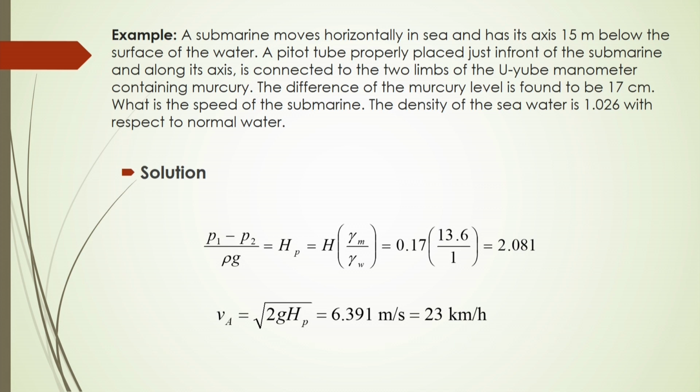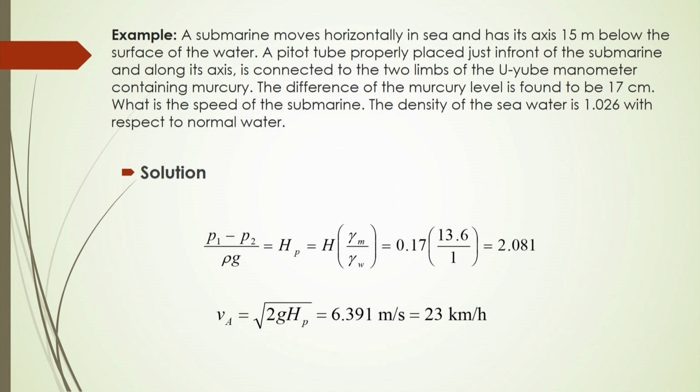Now, a pitot tube is properly placed just in front of the submarine and along its axis, and is connected to the two limbs of a U tube manometer containing mercury, and the difference of the mercury level is found to be 17 centimeters. Then what should be the speed of the submarine? The density of the sea water is to be considered as 1.026 with respect to normal water.